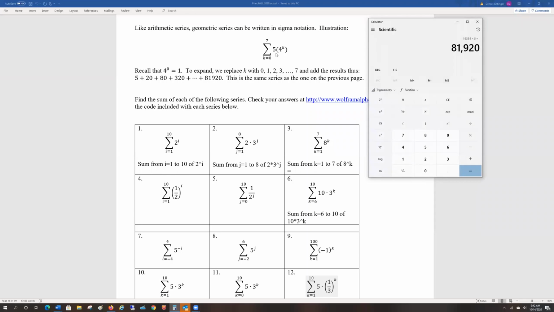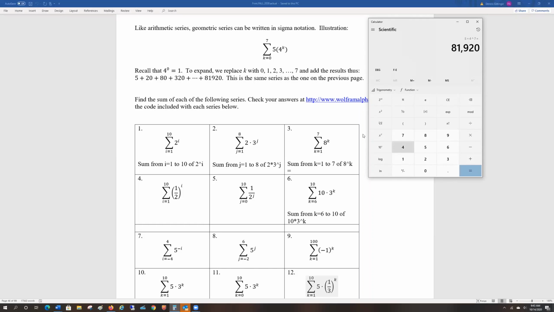If you remember order of operations, if I just put 5 times 4 raised to the 7th, it's going to raise 4 to the 7th power first, because exponents take priority over multiplication if there's no parentheses involved. So this is not 20 to the 7th. This is 5 times 4 to the 7th, and it's going to give us 81,920 again.